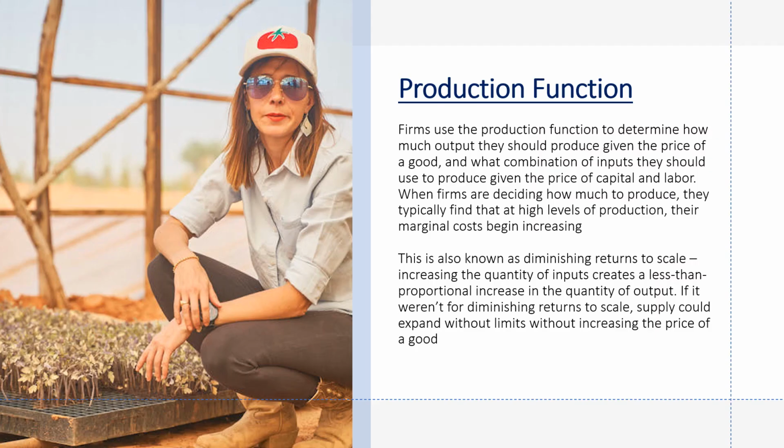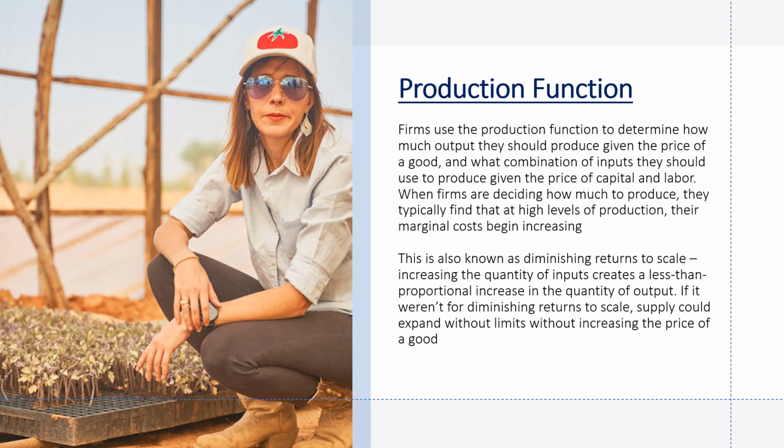Now we move on to the meat of the module, which is production function. And I've put a picture of one of our female industrialists in Nigeria, Mira. And I'm going to be talking a bit about Mira's business because she produces tomato paste. And I'm going to be using tomato paste in some of the examples in the coming slides.